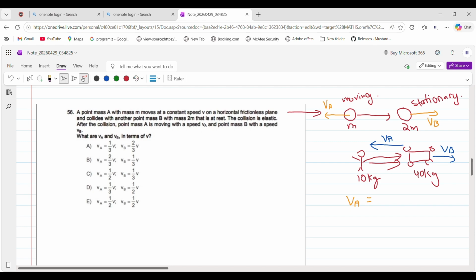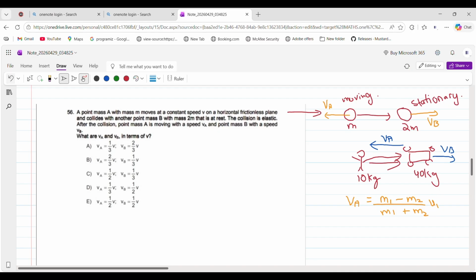VA is equal to M1 minus M2 upon M1 plus M2, into the initial velocity of the system. Initial velocity means before collision. VA is the velocity after collision of the first body, and this initial velocity is the velocity of the first body before collision.